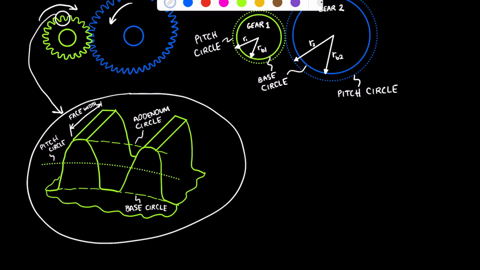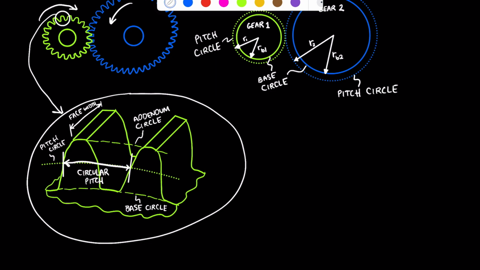And then let's also label the circular pitch, which is going to be the distance from the same sort of point on one tooth to that point on the next tooth along the pitch circle.